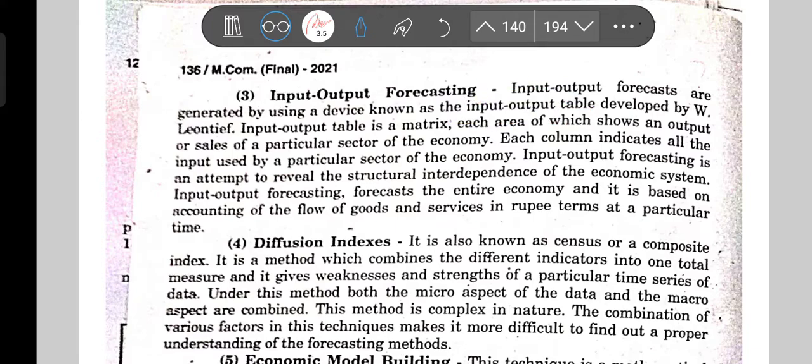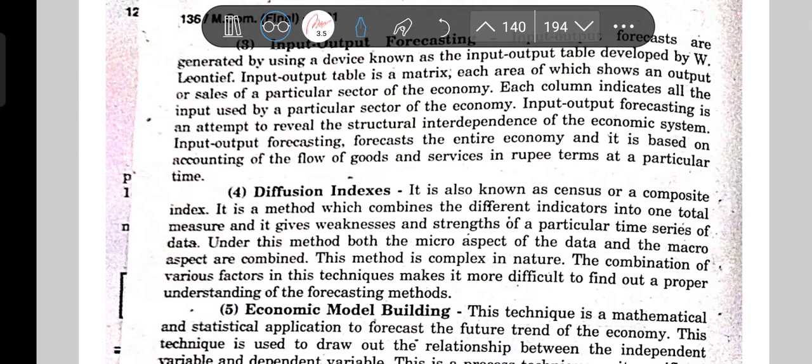It talks about what is produced, in what ways it is produced, and how much is sold. It talks about the structural interdependence of the economic system, and it forecasts the entire economy. It is based on the accounting of the flow of goods and services in rupee or currency terms, wherever it is conducted. Because it is prepared on a matrix and table, it is a complex process.